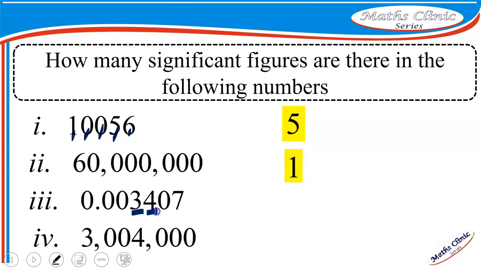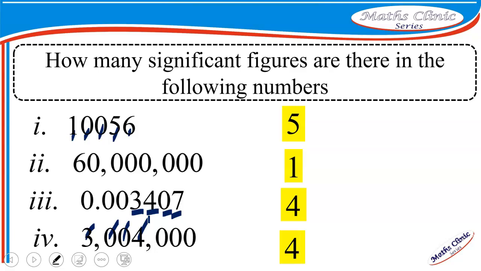So this and this are significant. So there are only 4. The first zeros are not significant. What about this one? Right, only 4 significant figures again, because 1, 2, 3, 4 are significant. You see here the zeros in between the number are significant, but the zeros that come after, because there's no decimal point, are insignificant. So we have only 4 significant figures.